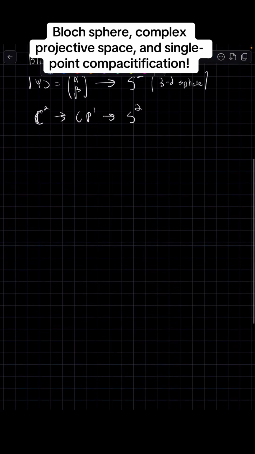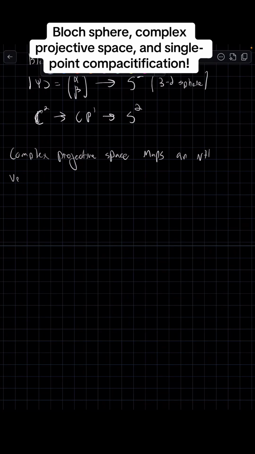We define a complex projective space as a space that maps an n+1 dimensional vector space to an n-dimensional space of rays.